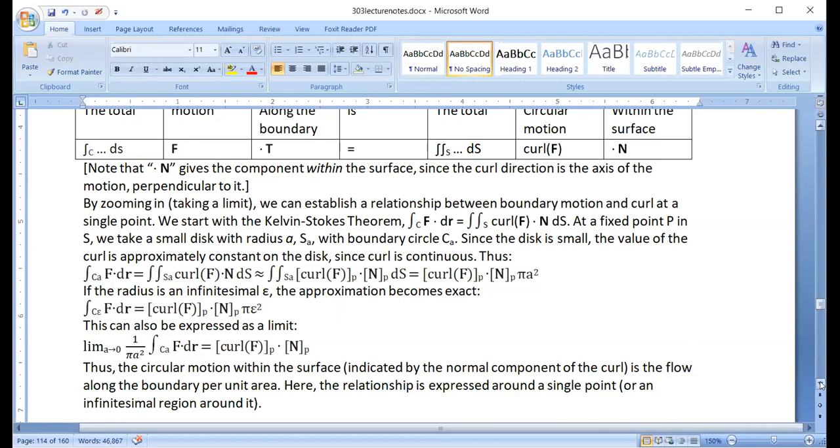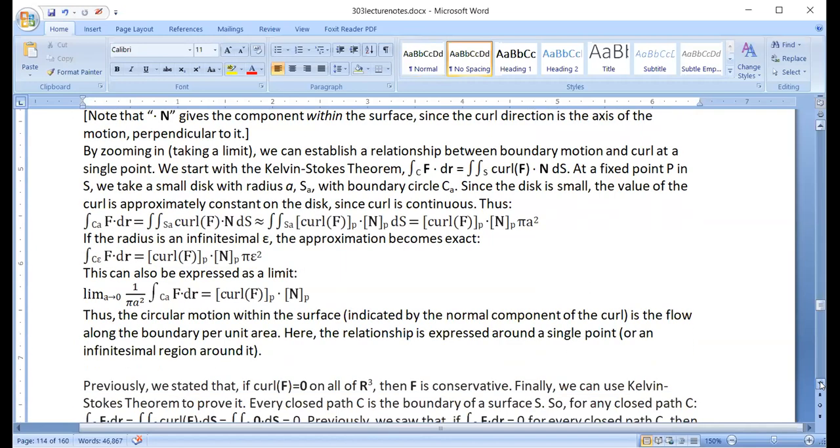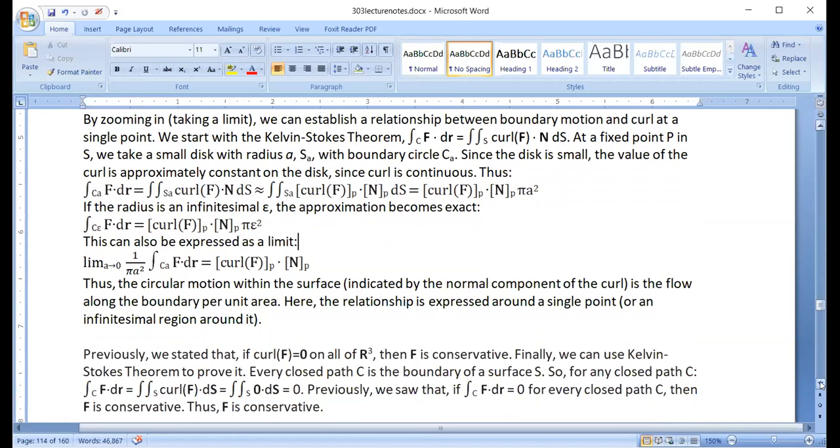And now I'll make one more comment. Some long time ago, we said that if the curl of vector field f equals 0 on all of R3, then f is conservative. We said we'd have to wait if we wanted to prove that.